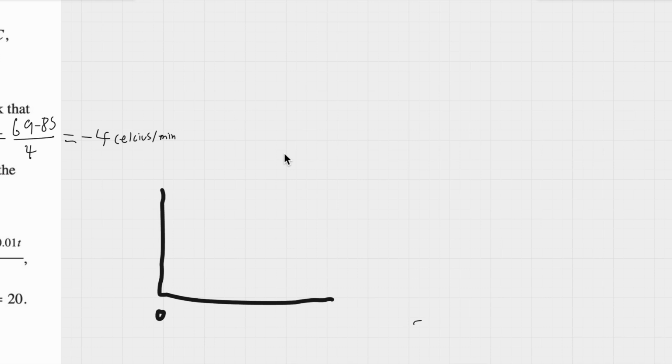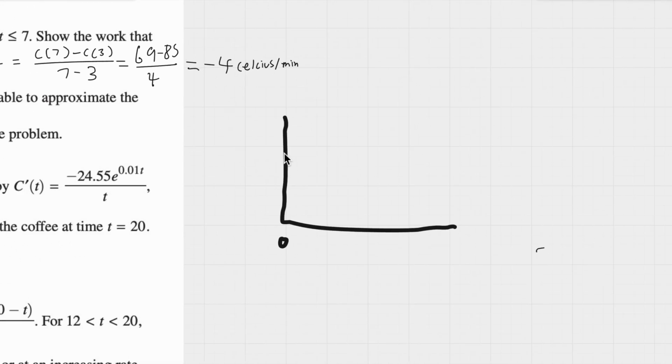So from 0 to 3, 3 to 7, 7 to 12, with values 100, 85, 69, 55. And we'll get the points here.